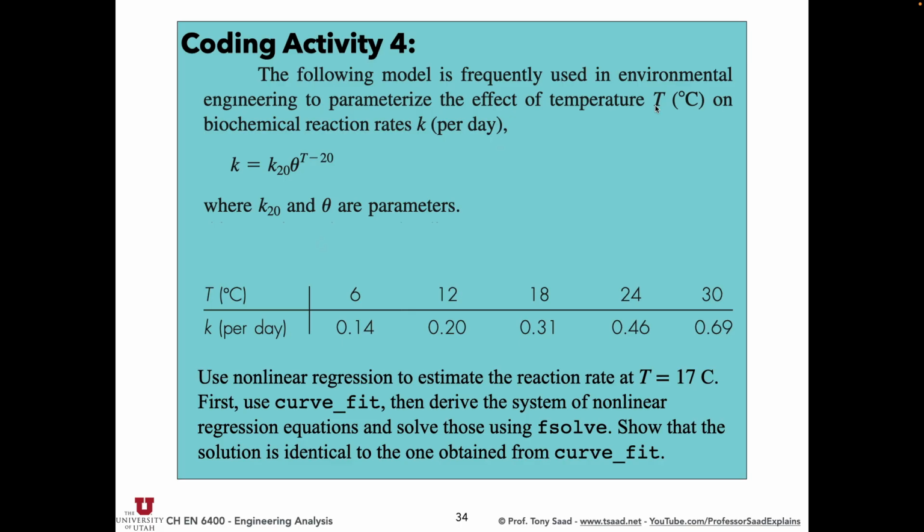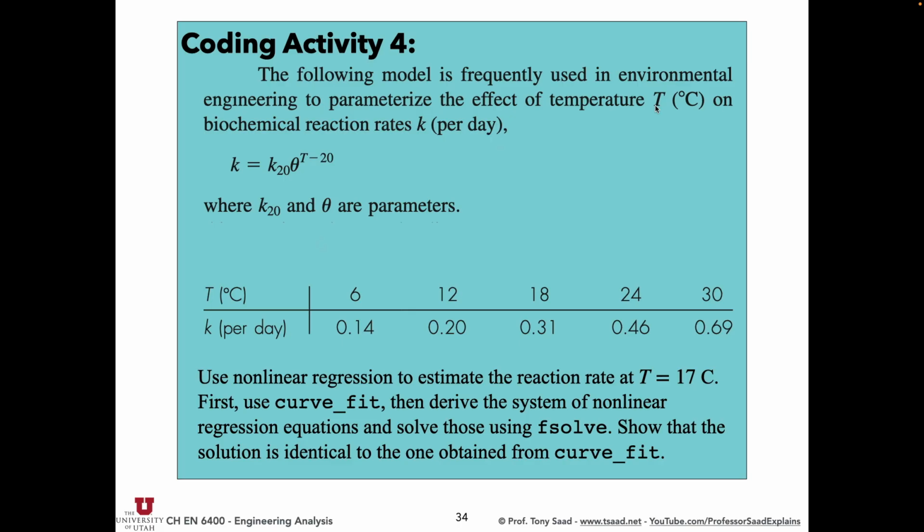So that's our model. It has two parameters, k20 and theta. T and k are given to you as the input data. So T is the independent variable, and k is the dependent variable.